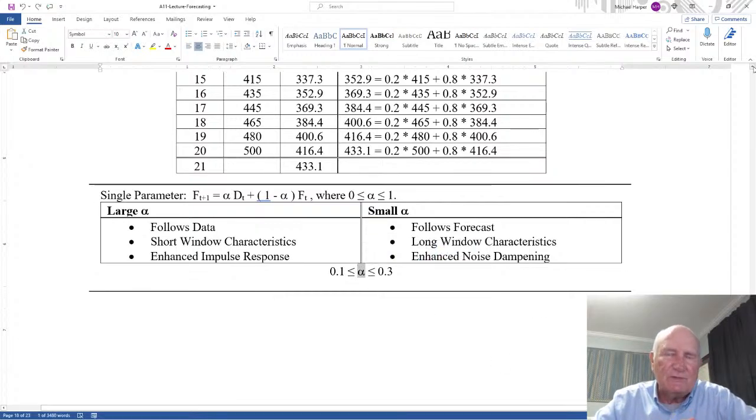How do you know you have an impulse? Well, when you have an actual impulse that's significant, your tracking signal will then become significant. Suppose we had a tracking signal with a window of 4.